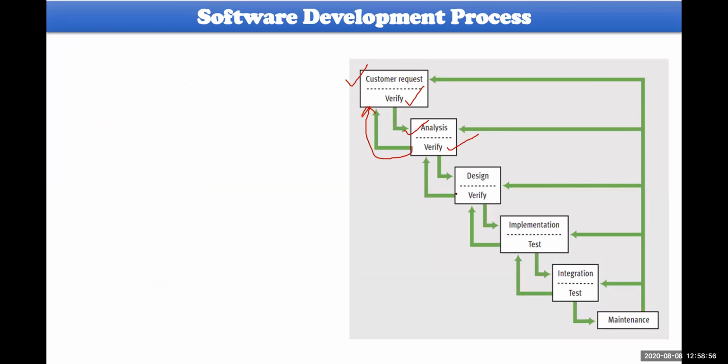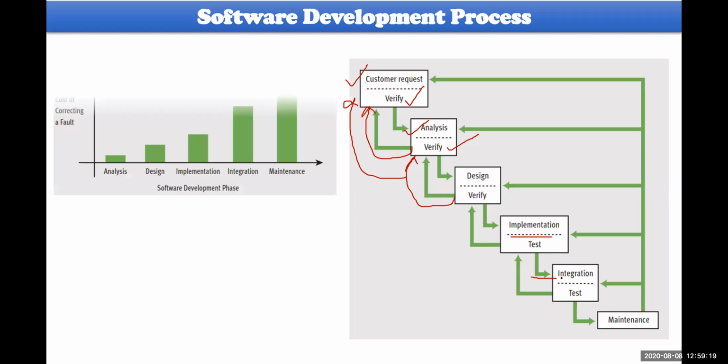After designing, if you have any question, you go back to analysis, or otherwise to the customer request phase, to check what kind of design he expected and what you are designing. Afterwards implementation, then integration, followed by maintenance.